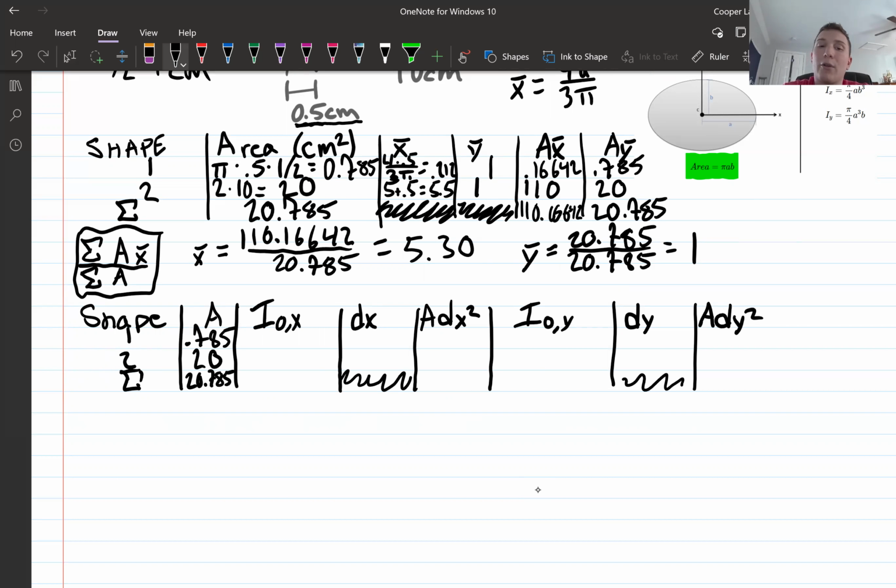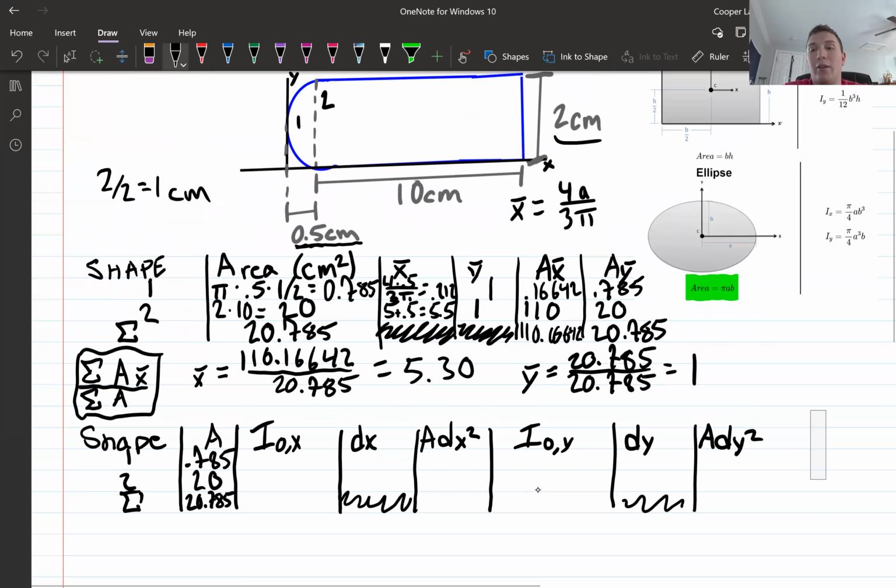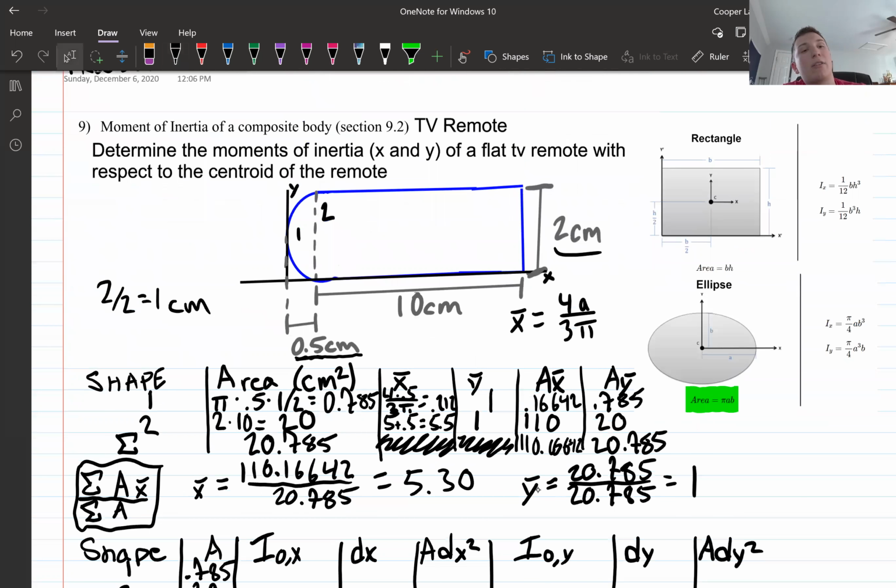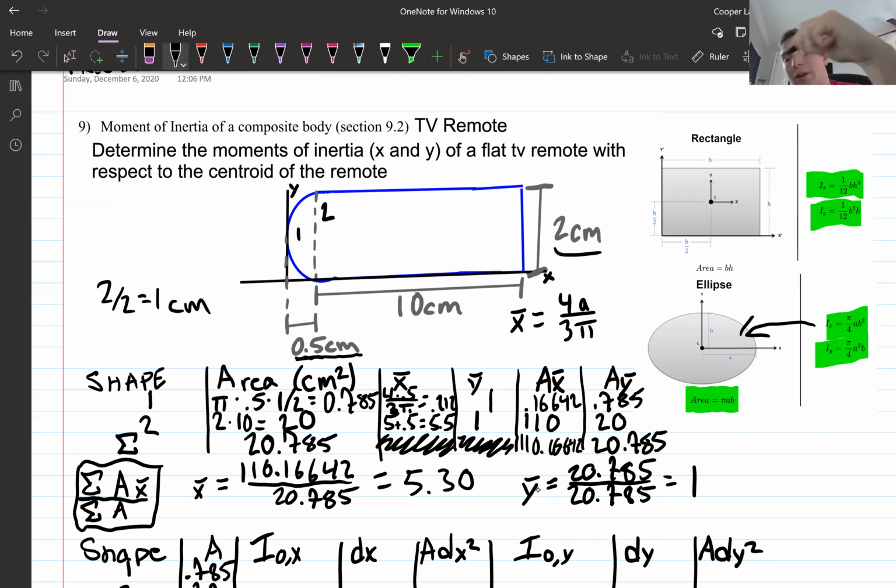So now we're going to start calculating out our inertia values. Our inertia we can get from these right here. For the rectangle, we don't need to change that formula at all. But when we're looking at our ellipsoid, if you notice, this is for a full ellipsoid.